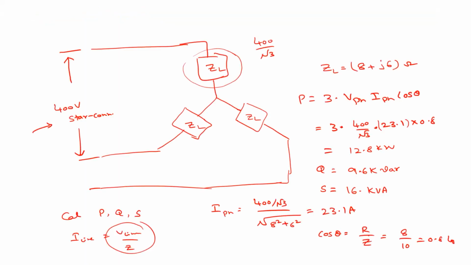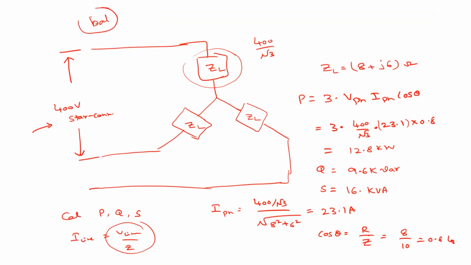Sir, I have a doubt. In the star connection, will the magnitude of V phase always be the same for all three phases? We already discussed that: there is balanced supply and unbalanced supply.